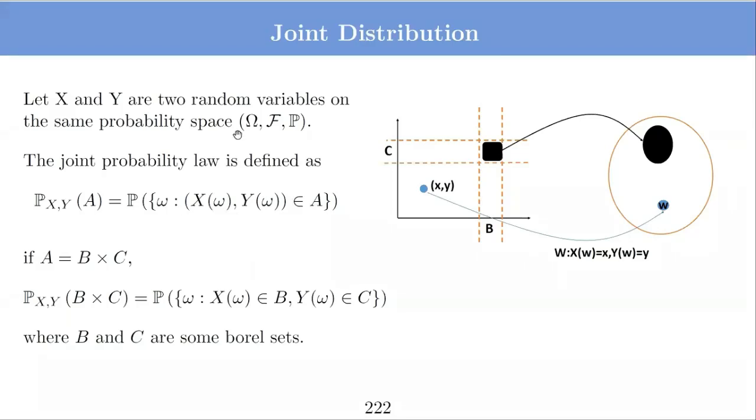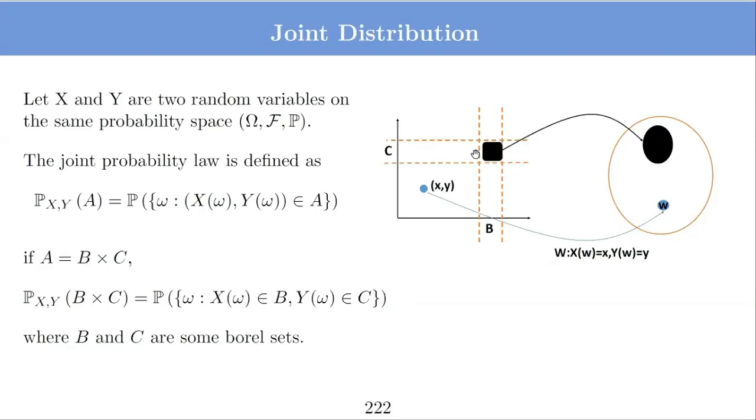If A is a 2D plane, A can of course be written as Cartesian product of two 1D intervals. So if this is B and this is C, then this black region is called B cross C, because it is made from taking points from B as x coordinate and C as y coordinate.